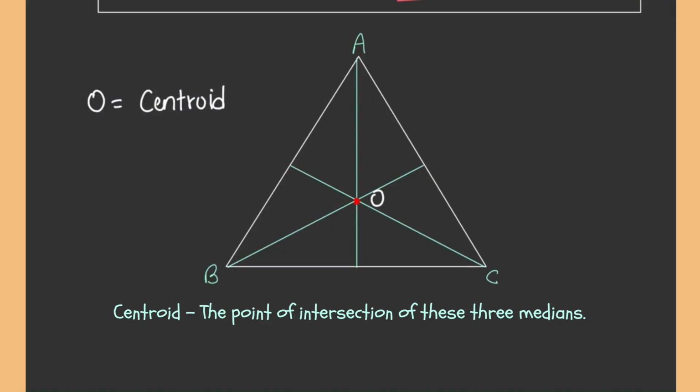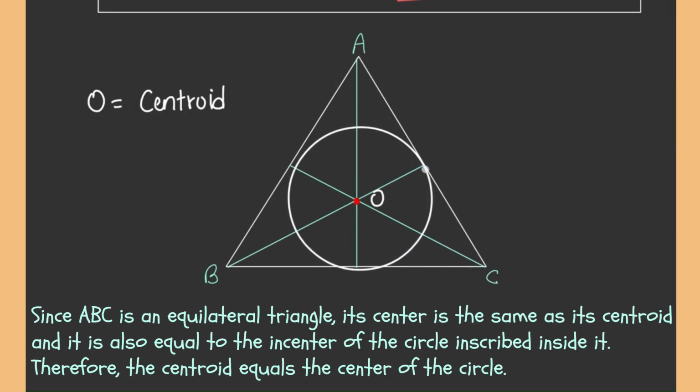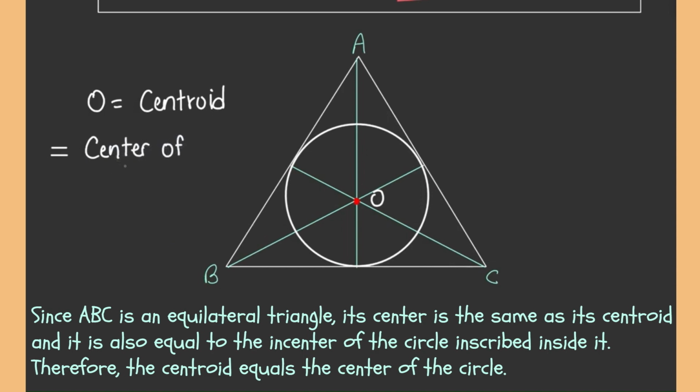And if I draw a circle over here, O is also the center of the circle, the center of the circle that is inscribed inside the triangle ABC.